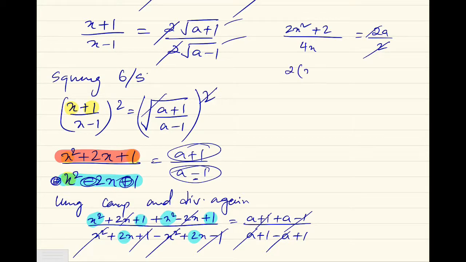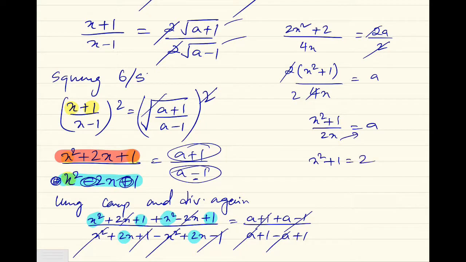So 2 common, x square plus 1 divided by 4x, cancel 2, and that side I have a. So finally this is what I have, equals a. So now if you cross multiply, x square plus 1 will be equal to 2ax, and finally when you transpose it, x square minus 2ax plus 1 equals 0.